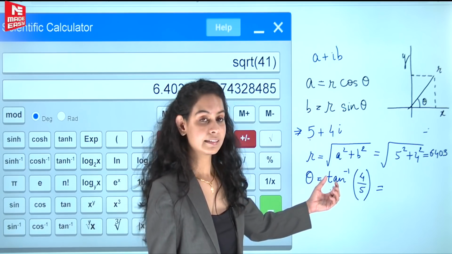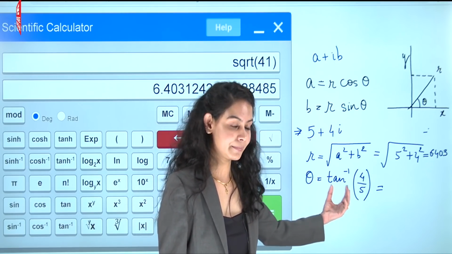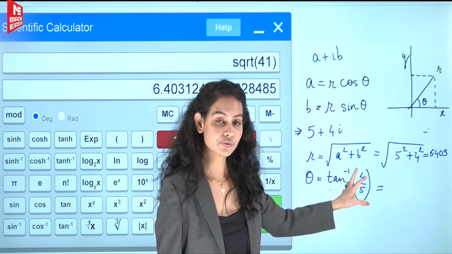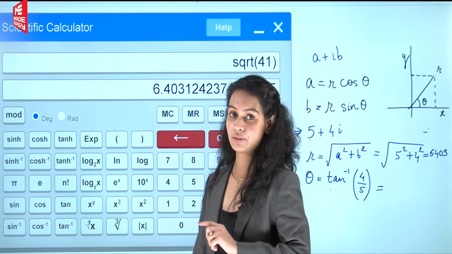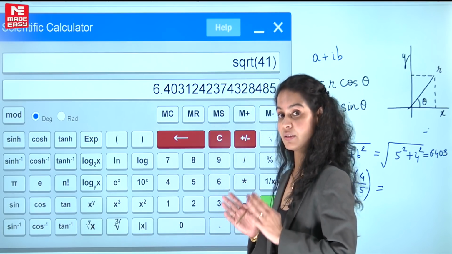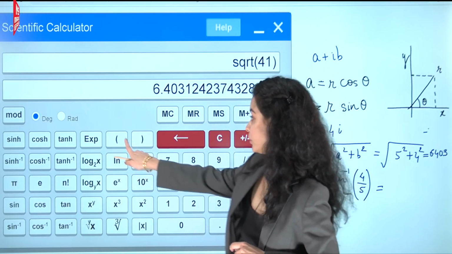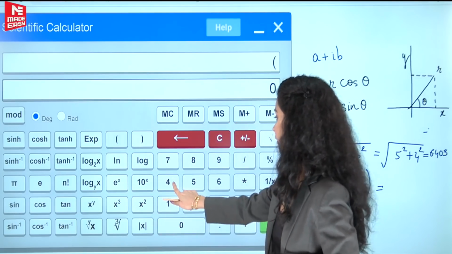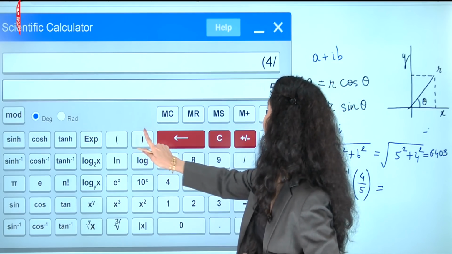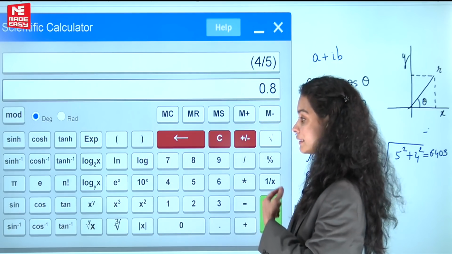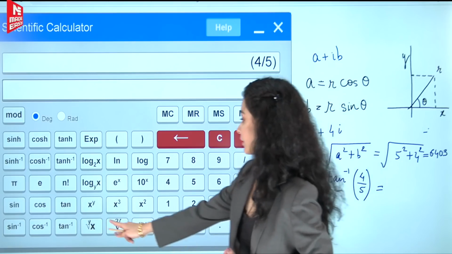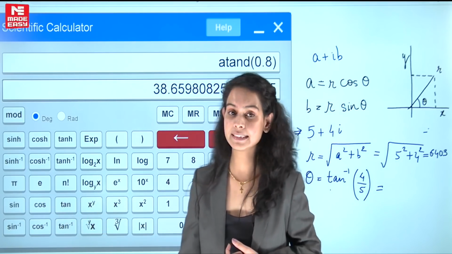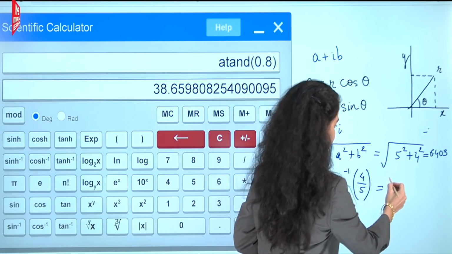Now theta will be equal to tan inverse b by a. B here was 4, a was 5. So tan inverse of 4 by 5. So for this, again you will have to enter the value of x first, which is 4 by 5, and then press tan inverse, press equal to, 38.65.